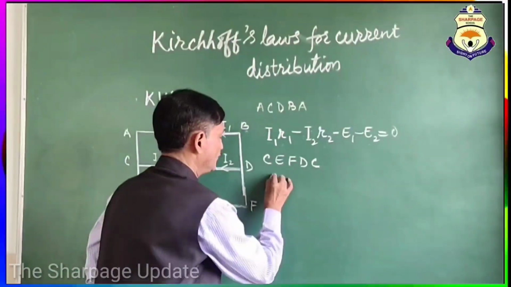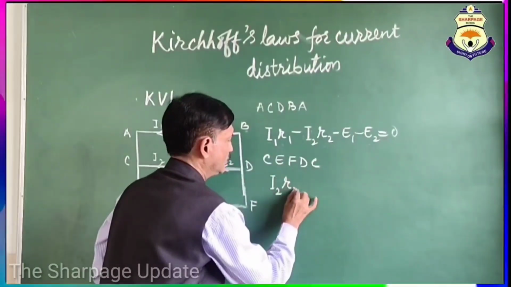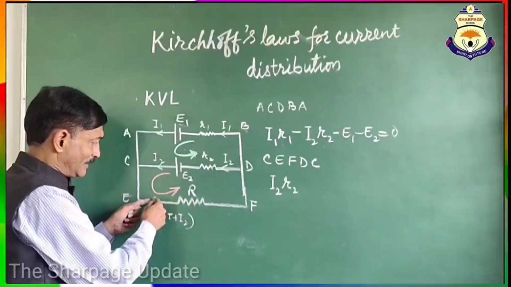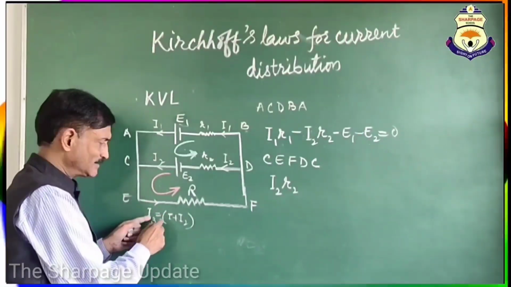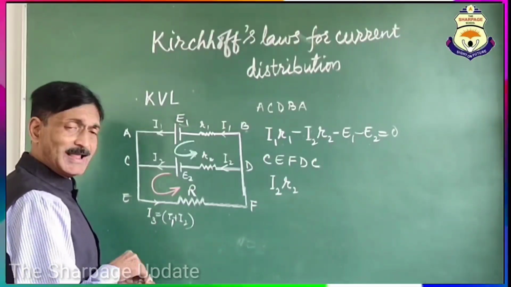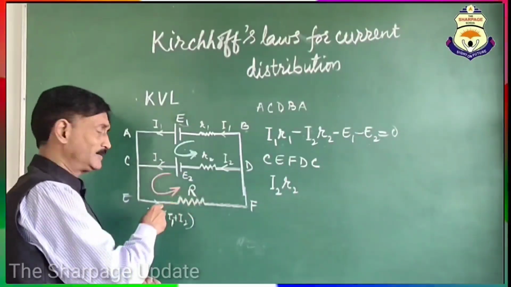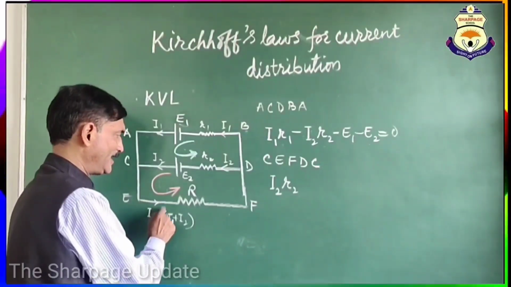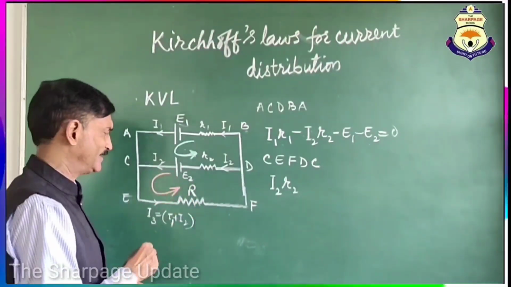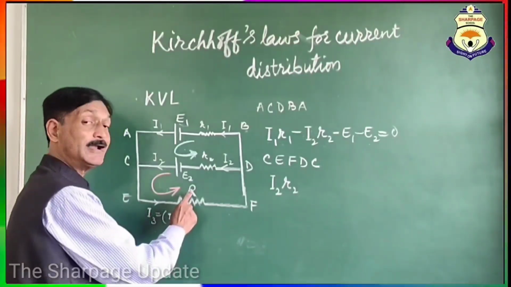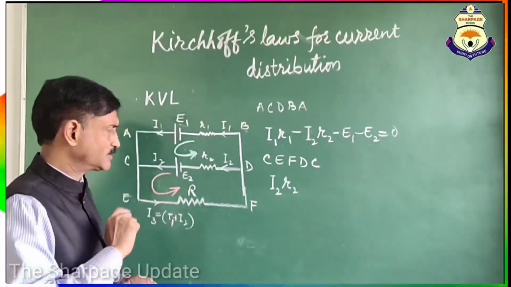So I2 into R2. Now you can see here the current I3, equal to I1 plus I2, is also in the direction of this current. So the product of I3 into R, that is, I1 plus I2 into R, will be positive.